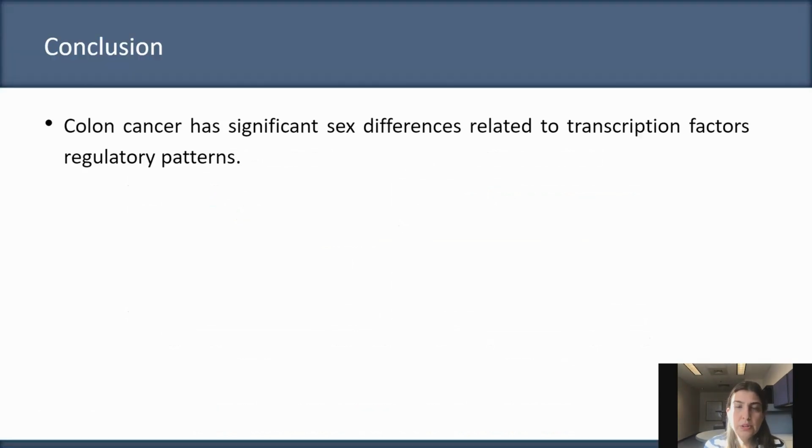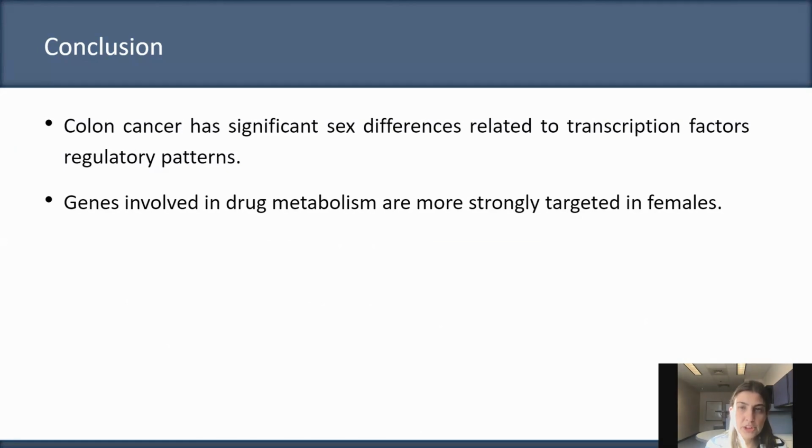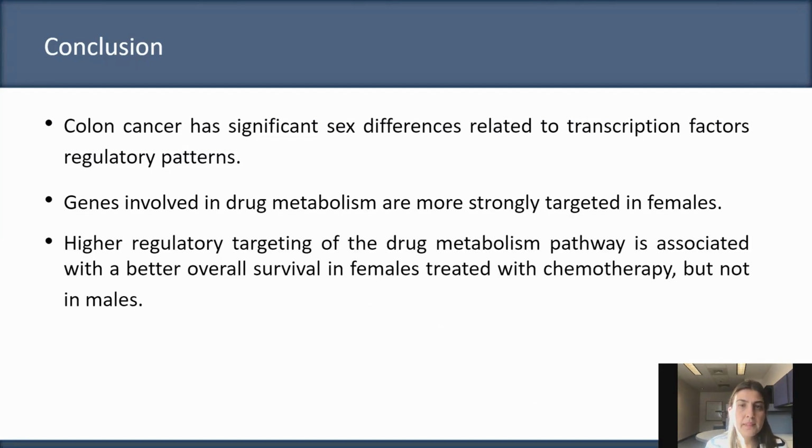So to conclude, colon cancer has significant sex differences related to transcription factor regulatory patterns. We found that genes involved in the drug metabolism pathway were more strongly targeted in females, and that higher targeting of the drug metabolism pathway was associated with a better overall survival in females treated with chemotherapy, but not in males.